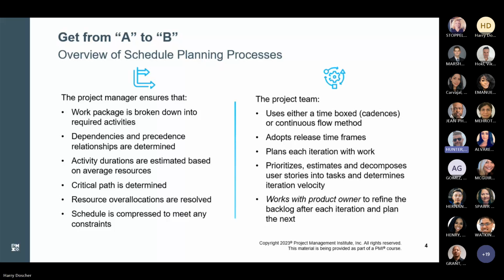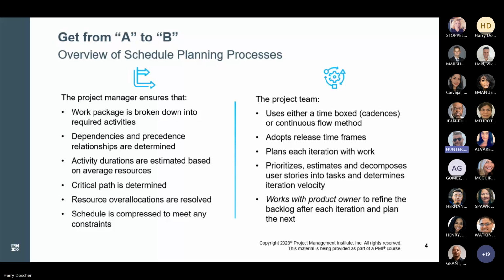Now, the team members are responsible for estimates, and the team and the product owner work together to decompose the user stories into tasks and determine what the iteration velocity can be. The Scrum Master is also involved with that.